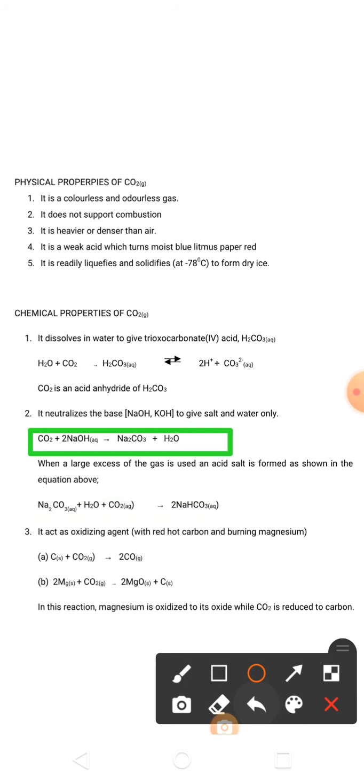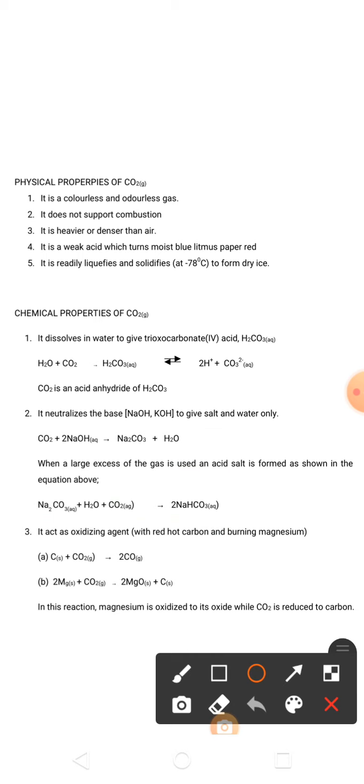So let's go on. Number 3, it is an oxidizing agent. So it will oxidize another compound, but it itself will be reduced.